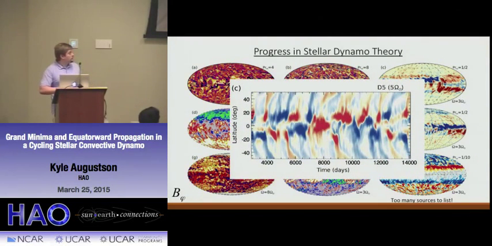Beyond Ghizaru and company, which is this case here, where you have regular cycles, we did get cycles with ASH starting around 2010, and unfortunately they're quite irregular in terms of both the polarity reversal time scale, but also in terms of hemispheric symmetries. In this case, what he's done is taken a solar-like simulation, so convection zone only.